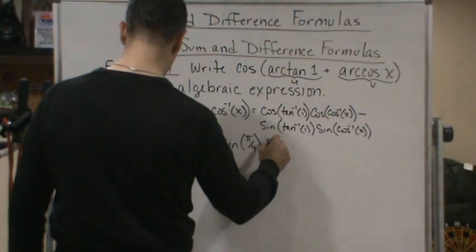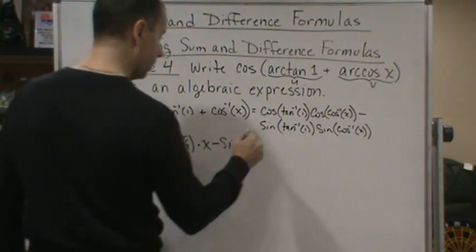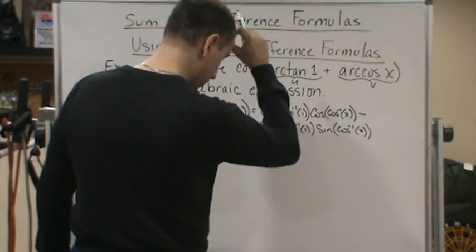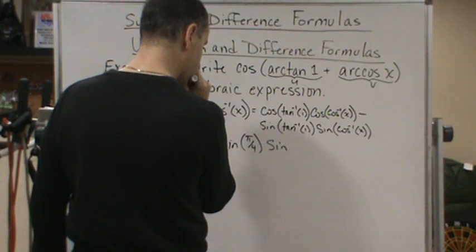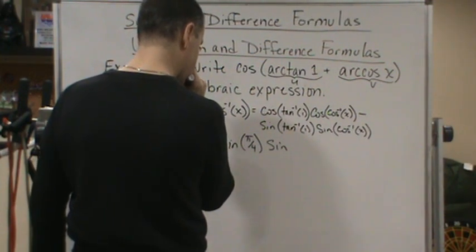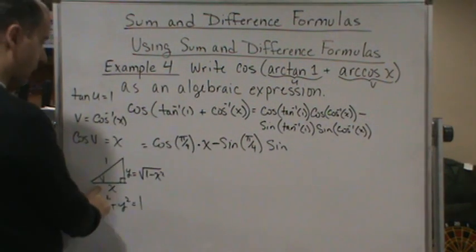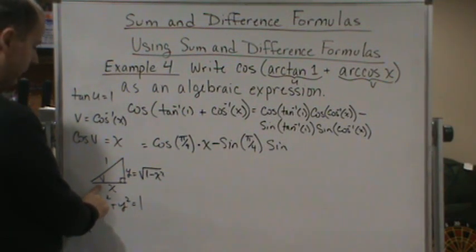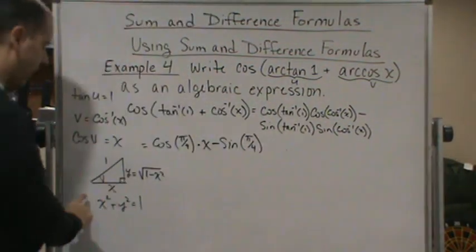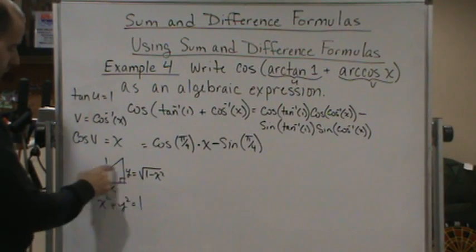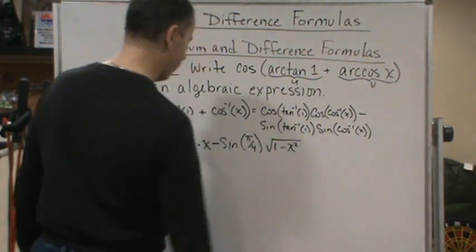So sine of v is going to be this over this, which is just the square root of 1 minus x squared.